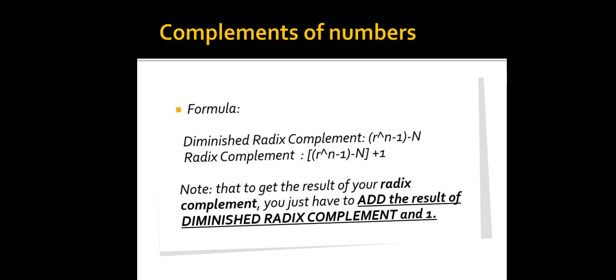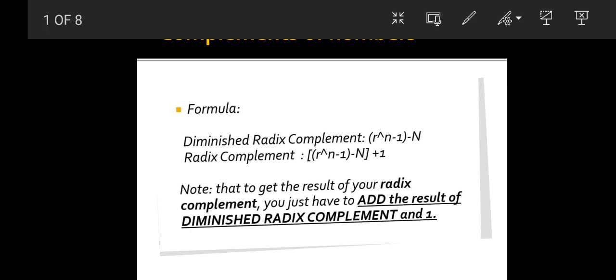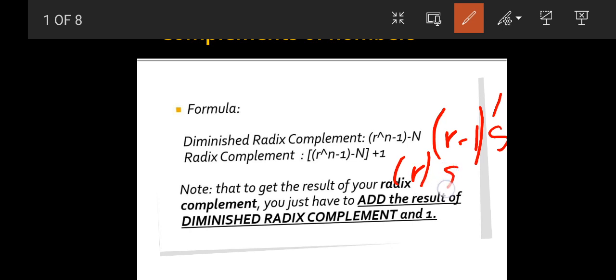Again, there are formulas to get the diminished radix complement, or your r minus 1's complement, and your r's complement.